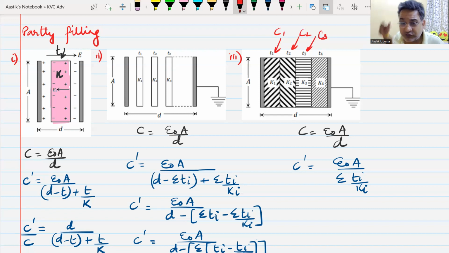So instead of using the formula straight away, you can find out the capacitance of each of them individually, and then you can take them in series. That is the other way of doing the same thing.